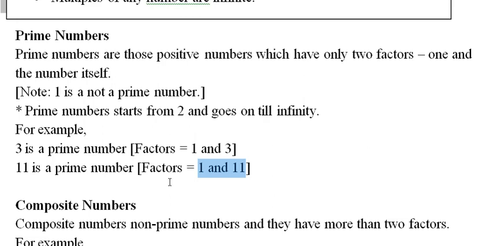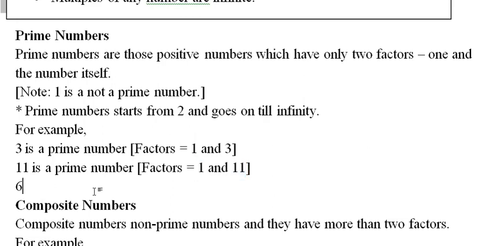Now 4, 6, 8, 9 and 10, these are not prime numbers. Why? Because they have more than two factors. For example, let's take 6. Let me show you here.